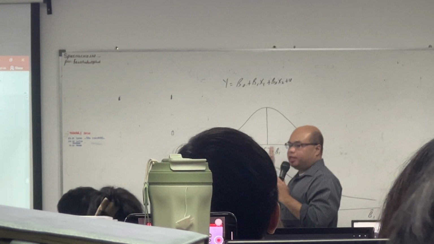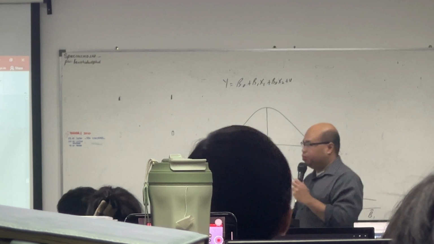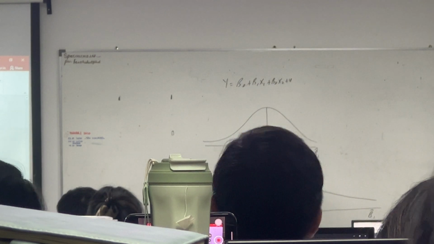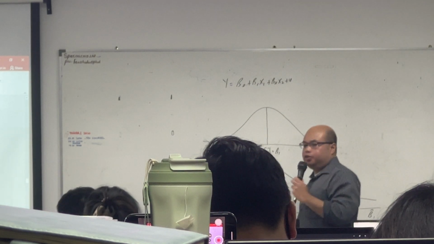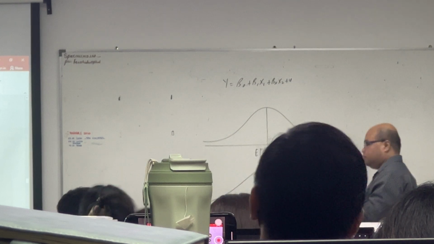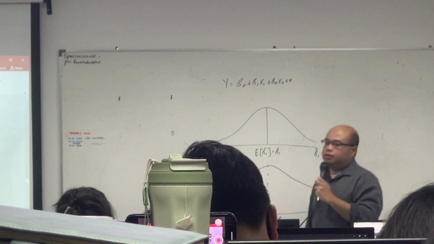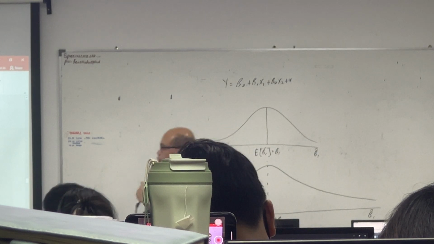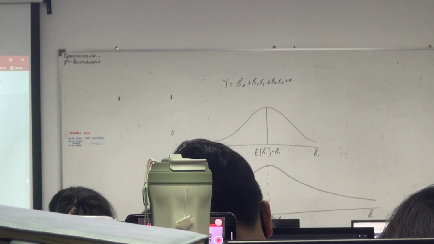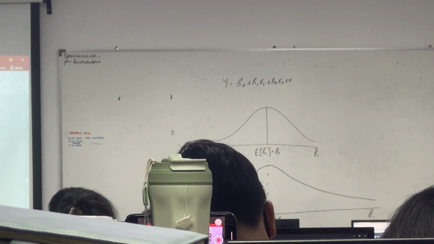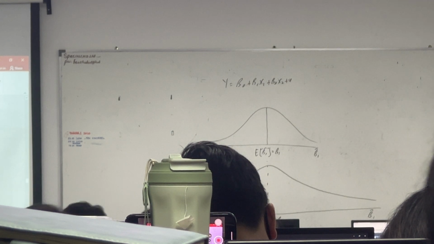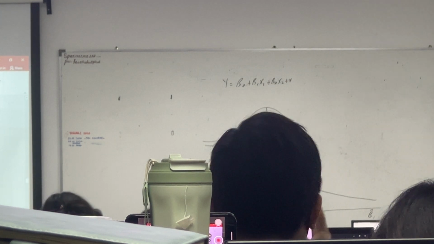But now when you take a sample, it's possible you get here, very far from the true value, or you get here, very far from the true value. So that's the implication of having the multi-causality problem.